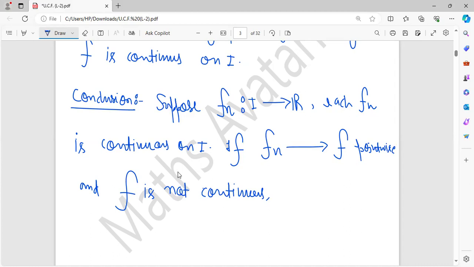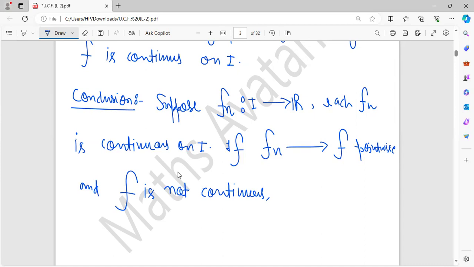By the theorem we can conclude that this convergence cannot be uniform, because if the sequence converges to f uniformly and each fn is continuous, then f has to be continuous. But here it is given that each fn is continuous, fn converges to f pointwise, and f is not continuous. What does it mean?